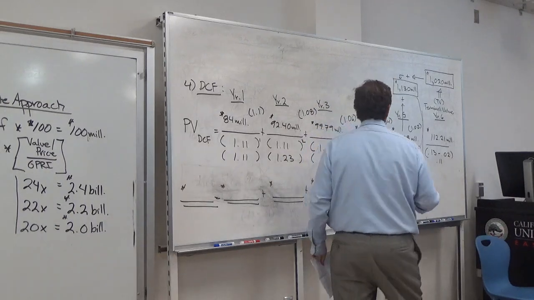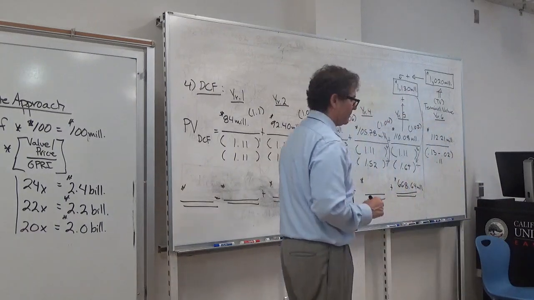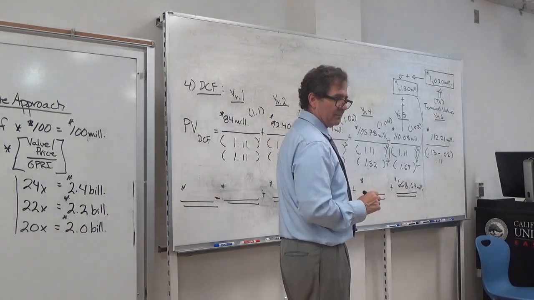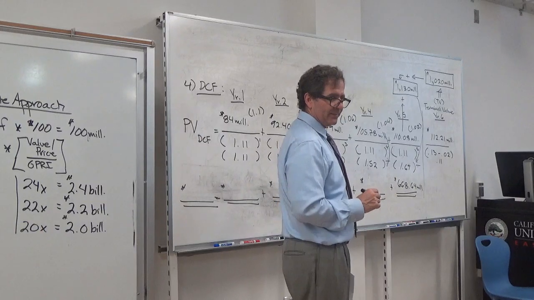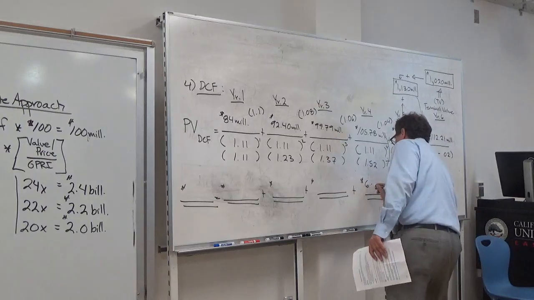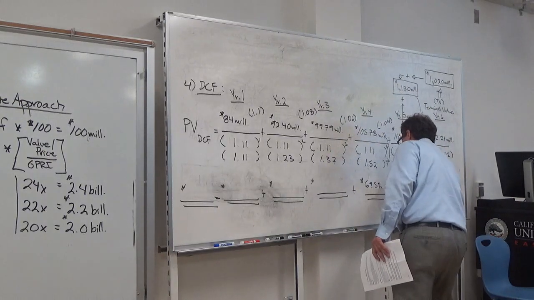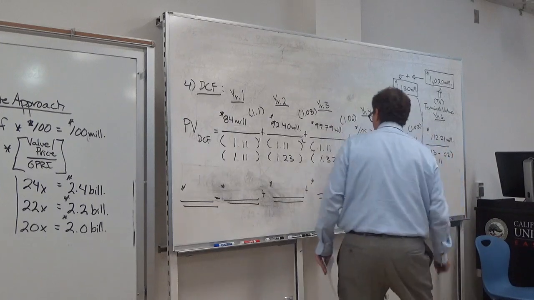And then 105.78 divided by 1.52. What does that give us? 69 point what? 59 million. Got it.